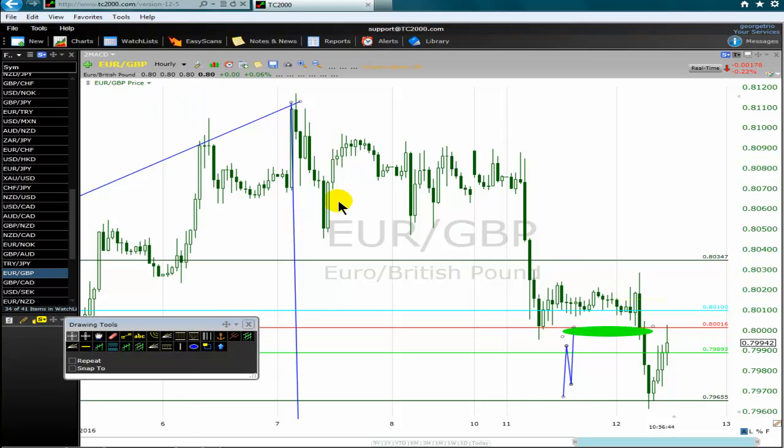If we divide the hourly chart, which is 60 minutes, by 22, the nearest time frame is a 3-minute time frame. So that's why I'm happy to combine the hourly chart and the 3-minute time frame. Now on the hourly chart, you see this move up has been subdivided into 3, from here to here.